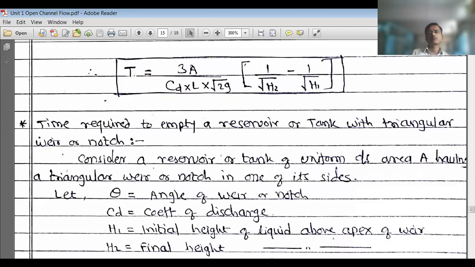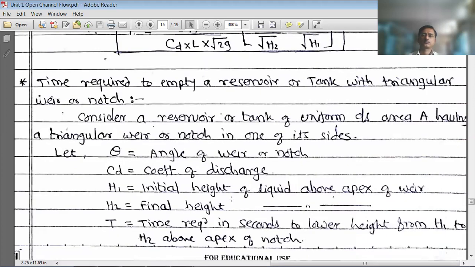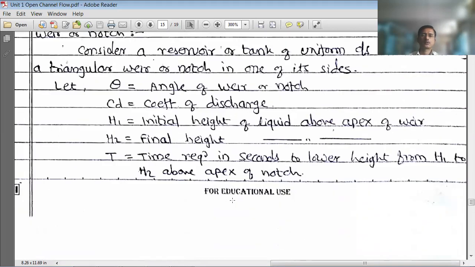Then this derivation, again, is similar to the previous one. Let's define the terms: theta, CD, h1, h2, time.